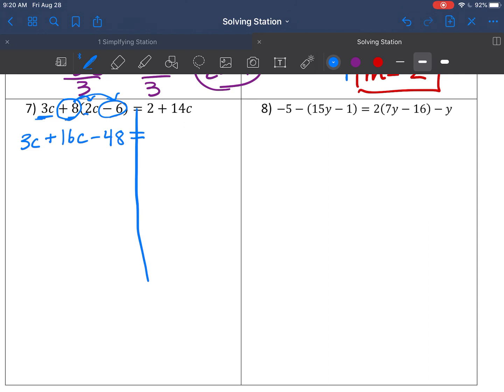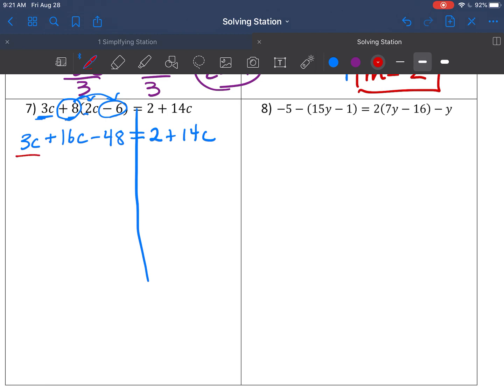We don't have the option to just divide both sides by this 8 because we have this extra term hanging out. That's why I don't like that method. And then 2 plus 14c. That's an ugly 2.